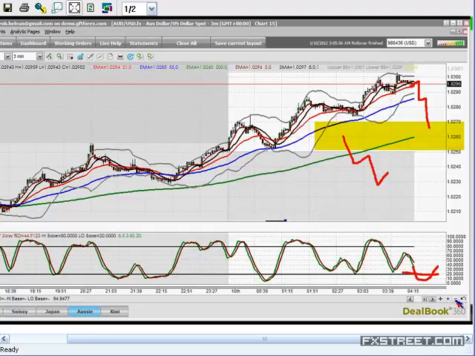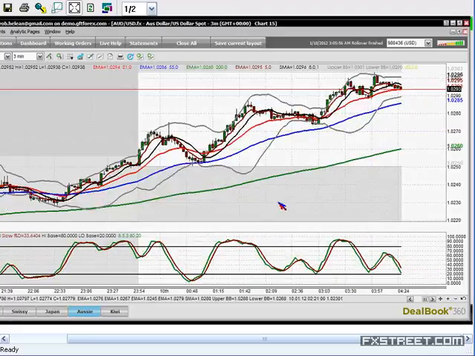CCI as well. MACD maybe not quite as much. It sometimes depends on the time frame you're using. But an oscillator will always be a little more aggressive than using price. Okay? So you just need to be aware of that.